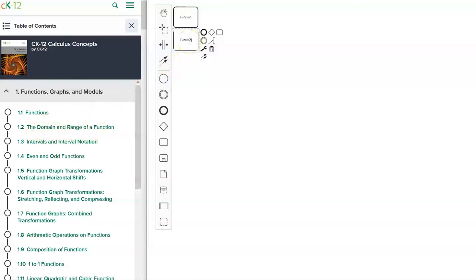So the function domain and the function range. Put that on a new line to emphasize range. Intervals and interval notation. So there's lots of notation.